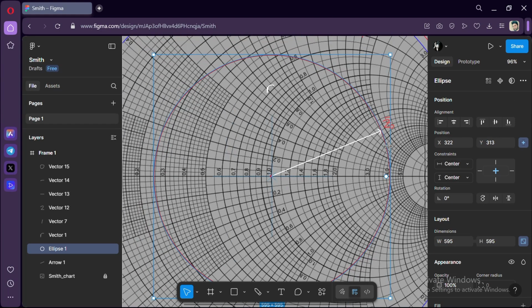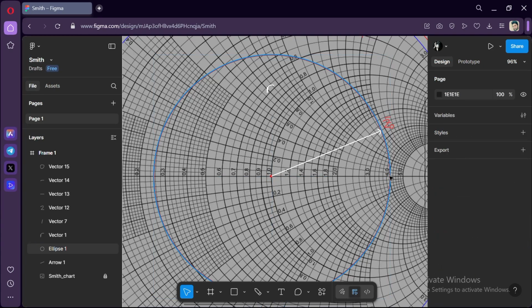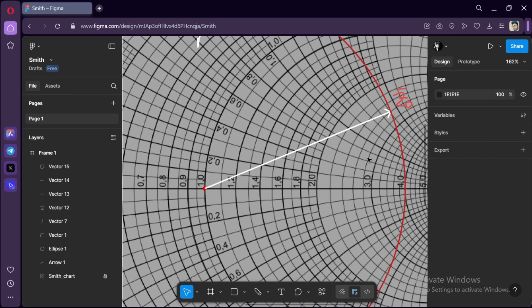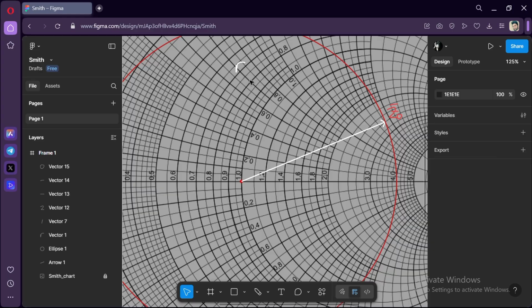Now, okay, it's fine. This is our SWR circle. Voltage standing wave ratio, SWR.